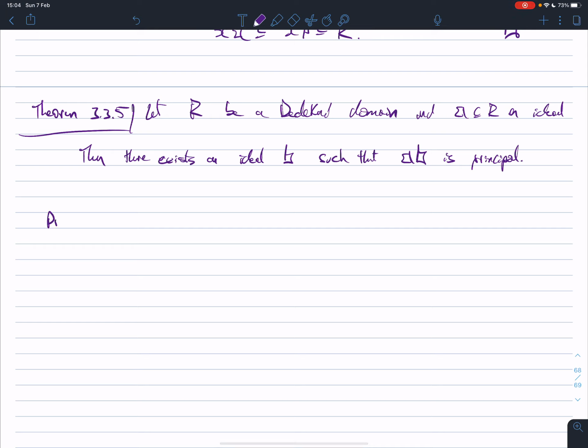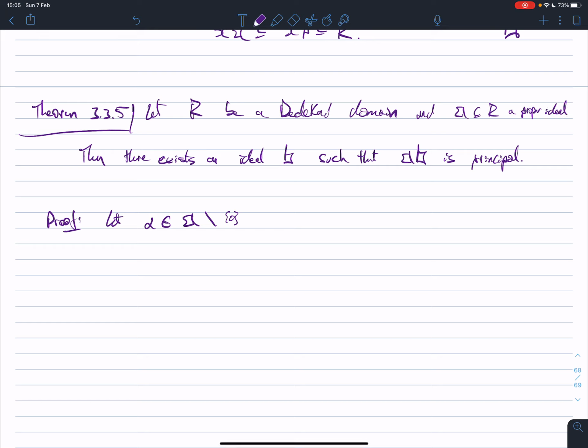So let's do the proof. So I'm going to let alpha be some element in A, not 0. Maybe I should say proper ideal. Maybe from now on, it will always be a proper ideal.